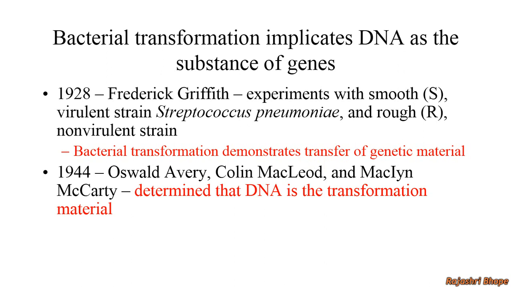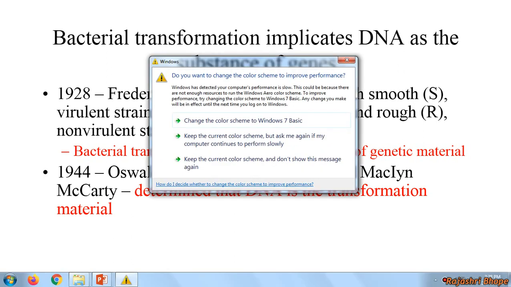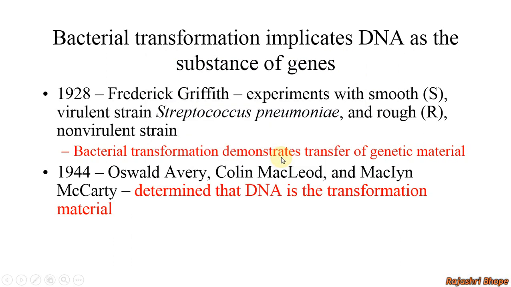Next, in 1944, Avery, MacLeod and McCarty showed that DNA is the transforming principle. DNA is the transforming material. What did Griffith discover? Griffith showed that something is transforming bacteria.